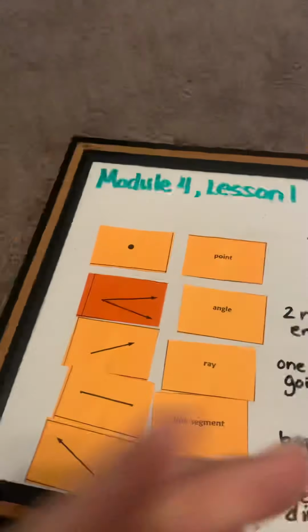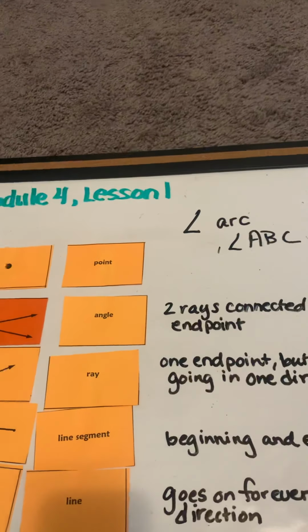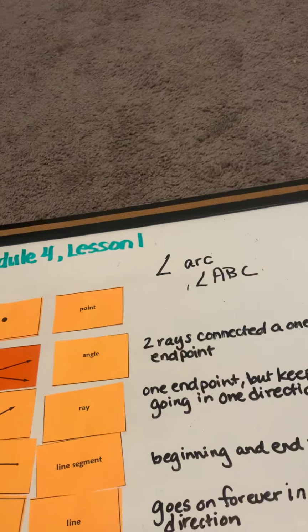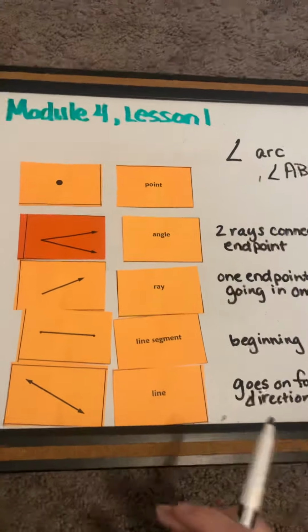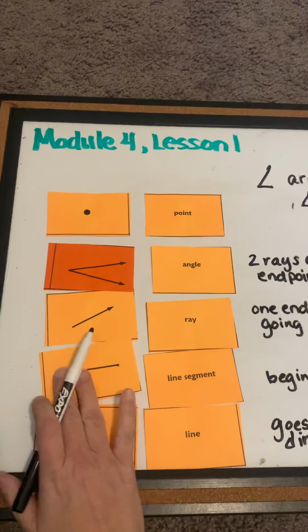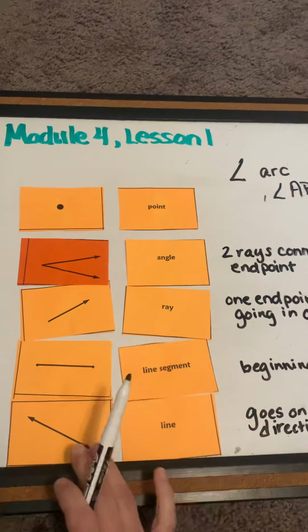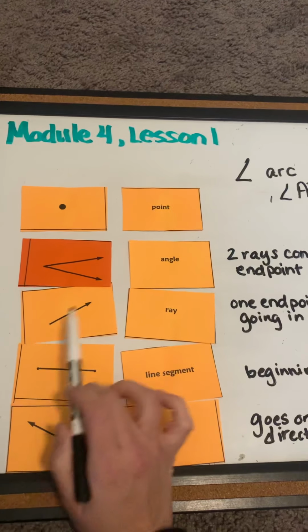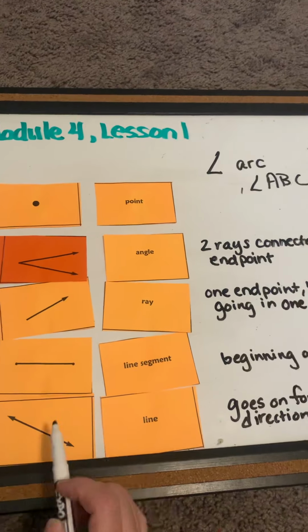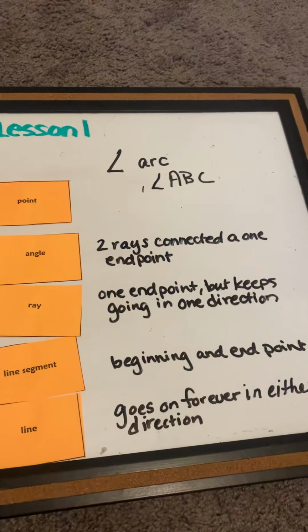Okay, so looking carefully at all these terms, could you think about how a ray and a line are similar? Well, they both have at least one way that they're going on forever, but a ray only has an end point and goes on forever. A line goes on forever in either direction.